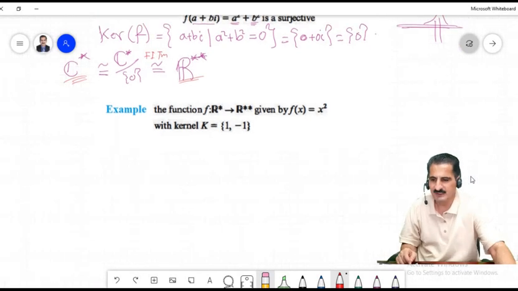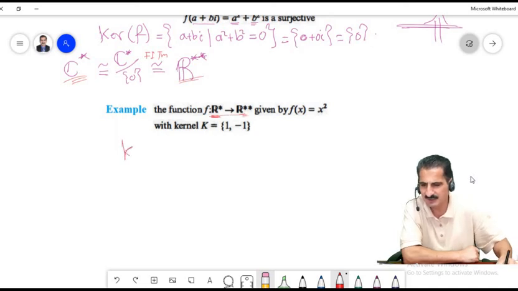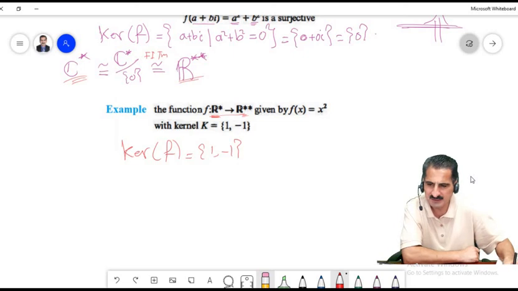Okay, let's see this example here. We have just seen it before, right? The kernel here, we have seen that the kernel is 1 and -1. And this is a surjective homomorphism, as we have seen.